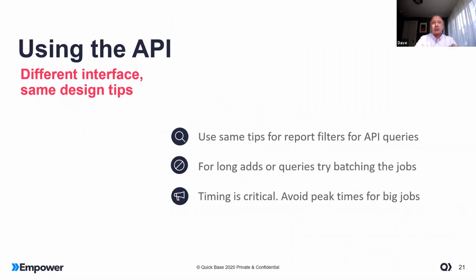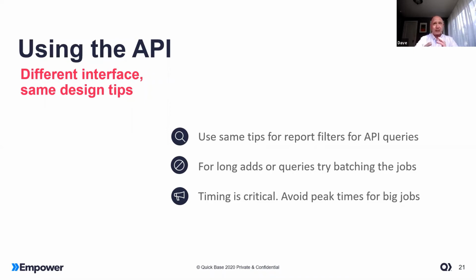Lastly, in this section, I'm just going to talk about using the API. The API, as you know, is another way to interact with QuickBase. That's not the user interface, but computers talking to computers. A lot of times people write scripts to use the API to pull data in and out of QuickBase. When they're pulling data out, they're essentially running reports. They're running queries.